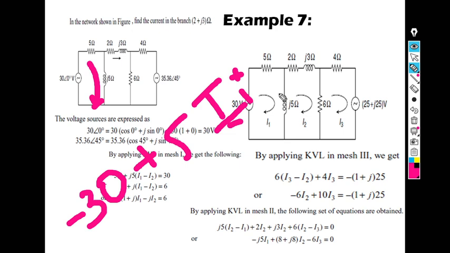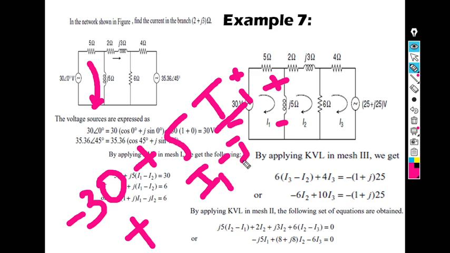Next, here I1 is entering from plus and leaving from minus, so I can write in the same way I1 minus I2, right, into J5.